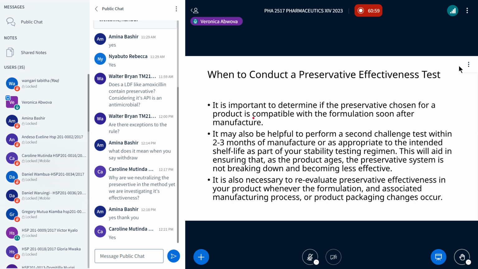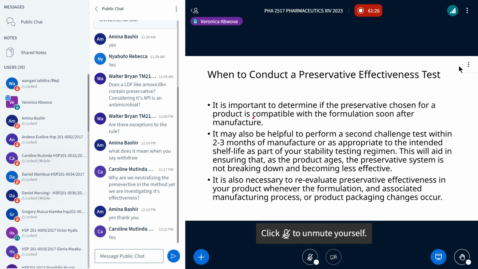So you test it to see whether your fully formulated product is actually able to prevent growth of microorganisms. Because if it is not compatible, as much as you've added the correct amount, you will still observe growth because free preservative is not enough in the product.